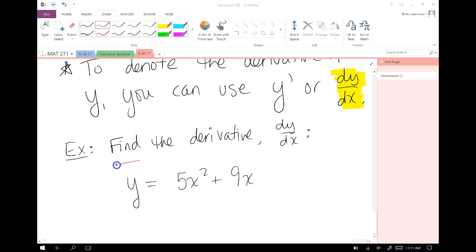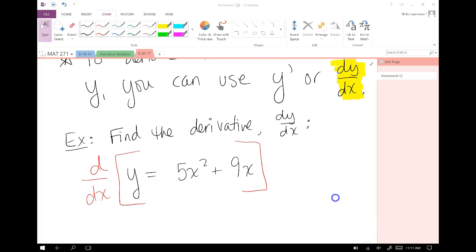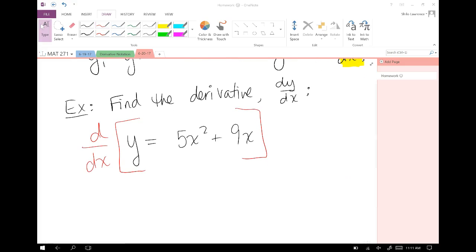So if I just enclose this whole thing and say, all right, start applying your derivative rules. That's going to give me dy dx equals, the derivative of y with respect to x equals, and then we apply our derivative rules on the x's.